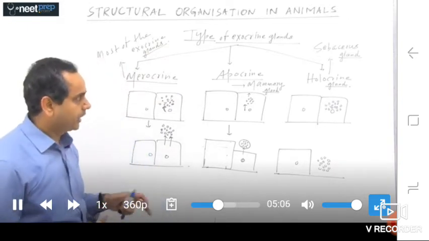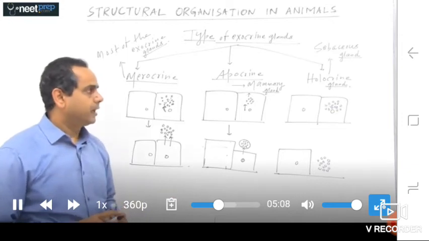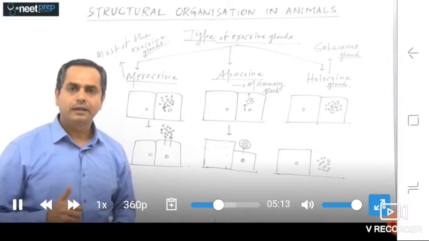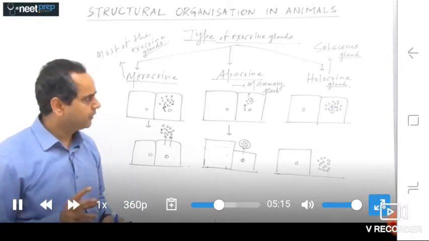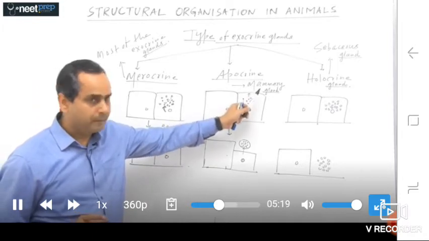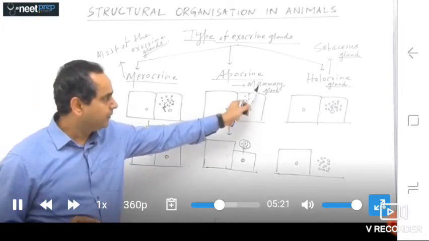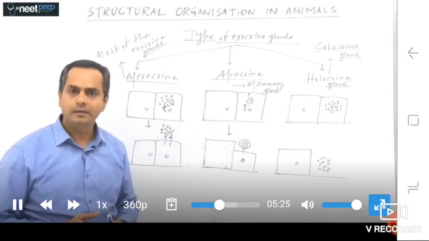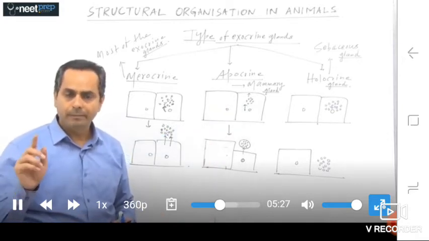So this is the types of exocrine glands depending upon their secretory activity. And for the remembrance, we can remember like this. In the mammary gland, A appears after M. This A may be for apocrine and this M is for mammary gland. MA.